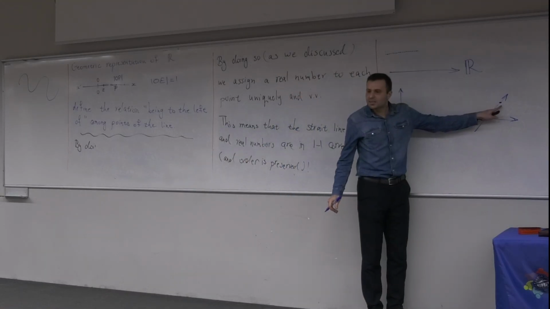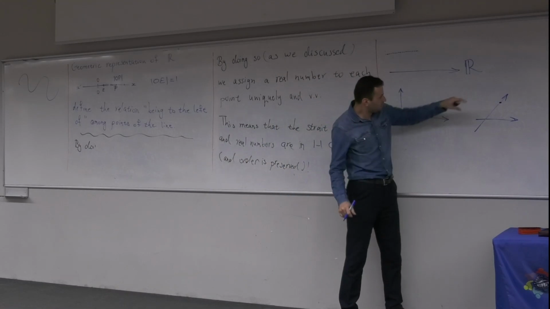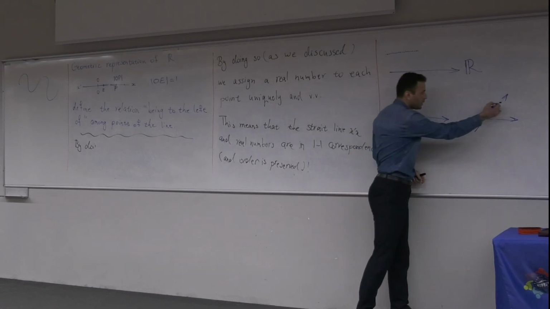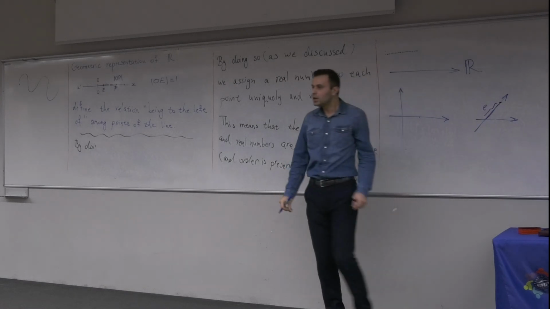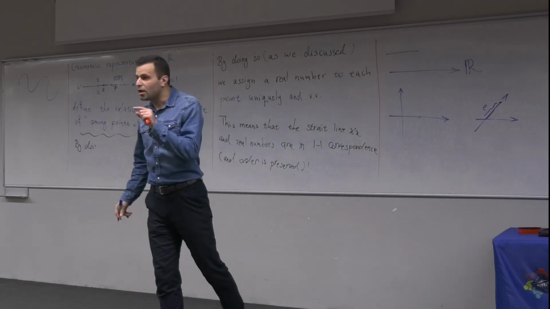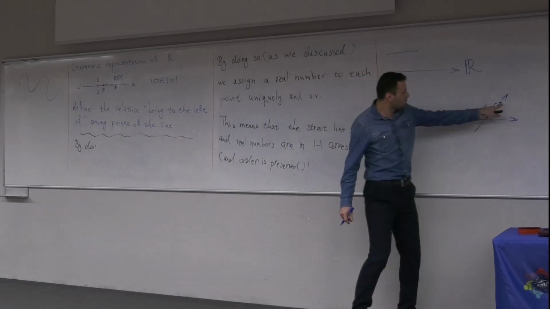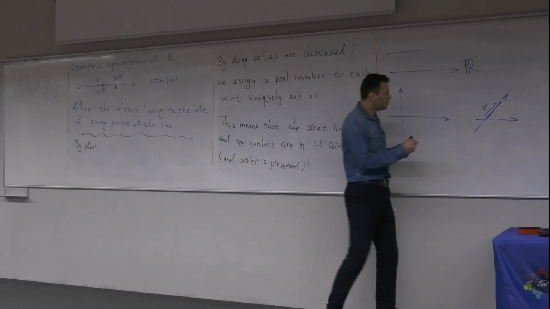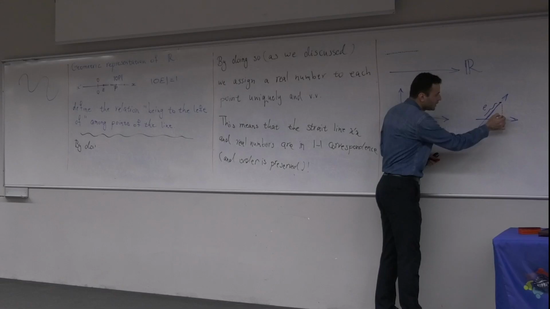But now, if I take this point in the second dimension, what is the length of this here? The length is this one, right? Let's call it L. But what is the distance of this point from this subspace? That distance is going to be this one, right?